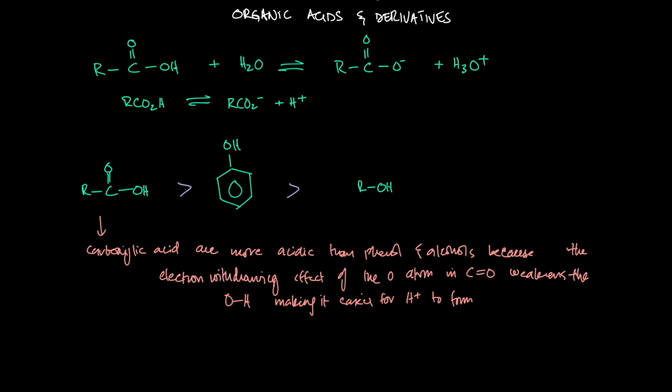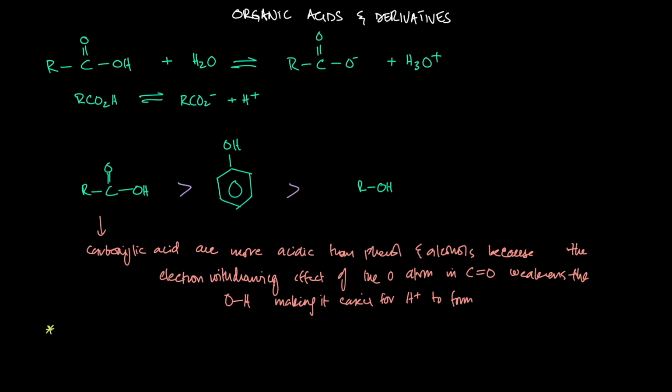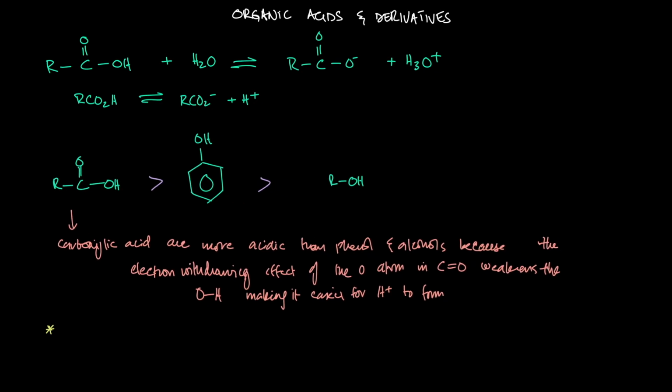But a better explanation for this is in terms of the conjugate base. If you remember in the last class, or a few classes ago, I showed you this over here. If you look at the conjugate base of the carboxylic acid, we have this structure over here.